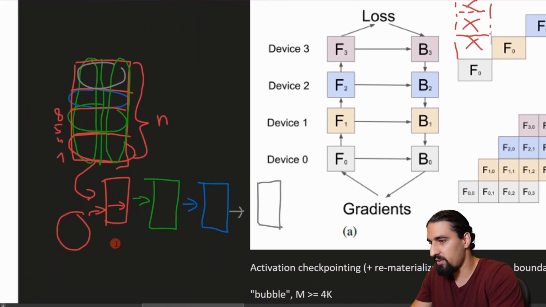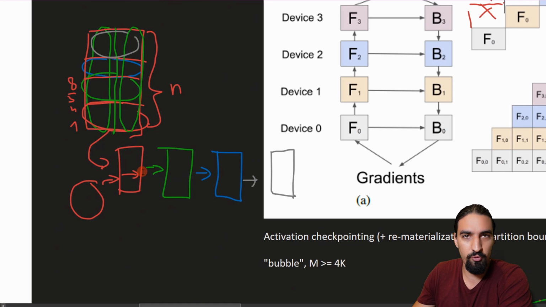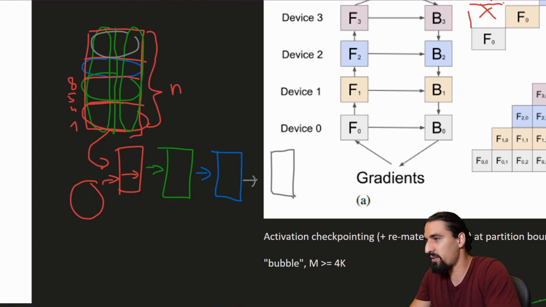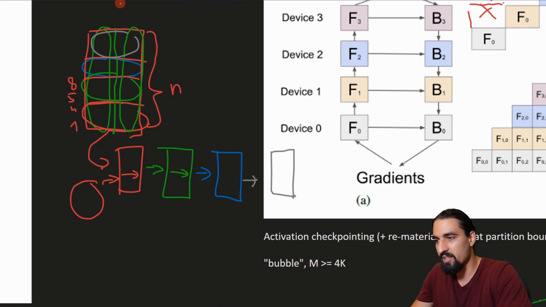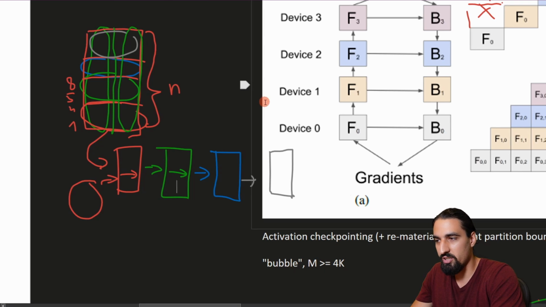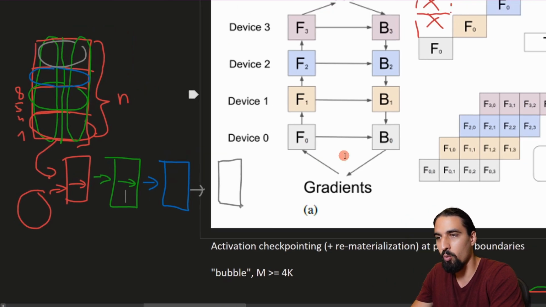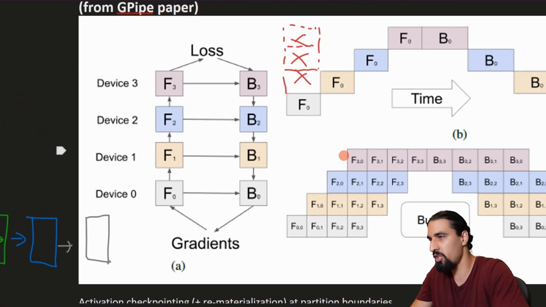And then once you do the feed forward through the first 4 layers, then you basically send the activations to the second device, and you start doing the feed forward here. And at this point of time, the 3 devices, the first and the third and the fourth one, are idle. So you can see here, literally these devices are doing nothing.